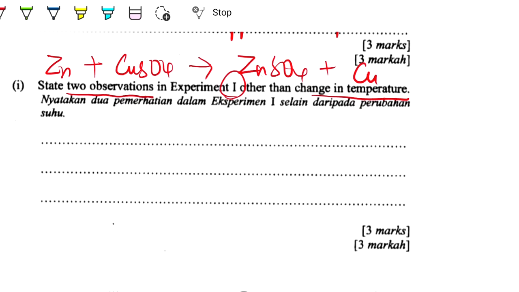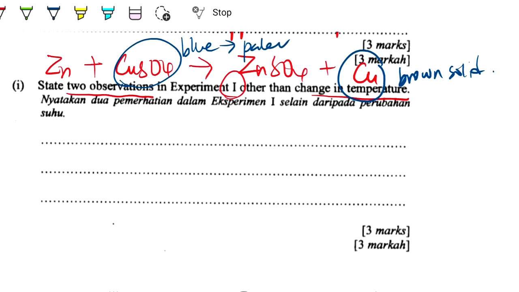So what you can observe is that the copper is a brown solid, right? Brown solid is formed. Another one is the copper 2 sulfate solution is blue, so the blue color turns paler because the concentration of copper 2 ions decreases as it changes to copper metal.